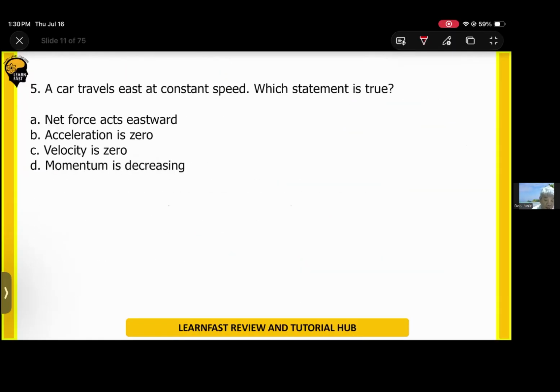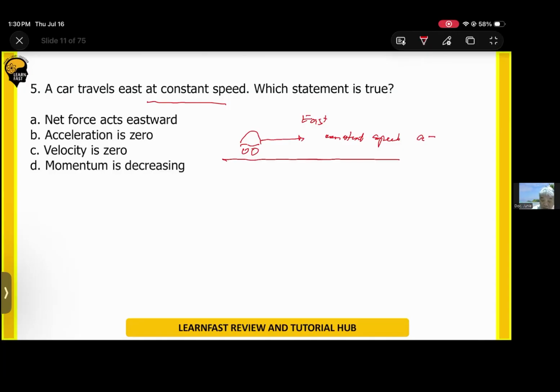A car travels east at constant speed. So let me draw the problem. So you have there the car, that is the road. So the direction of the movement is eastward. And it is stated you have constant speed. So if you have constant speed, the car is not accelerating.